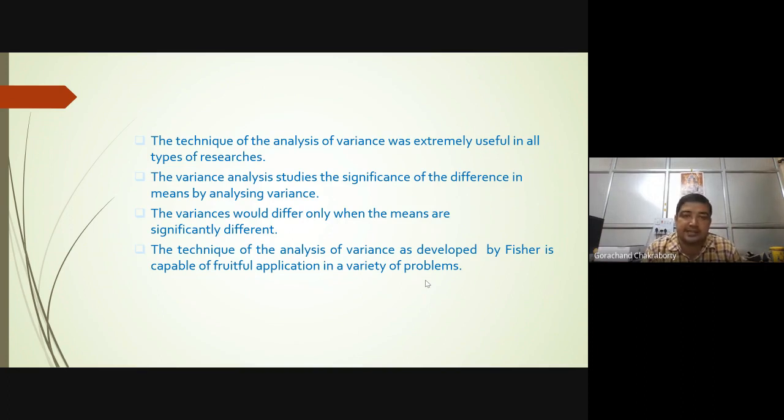Variance analysis studies the significance of the difference in means by analyzing variance. The variances would differ only when the means are significantly different. Otherwise, they are the same. The technique of analysis of variance as developed by Fisher is capable of fruitful application in a variety of problems.